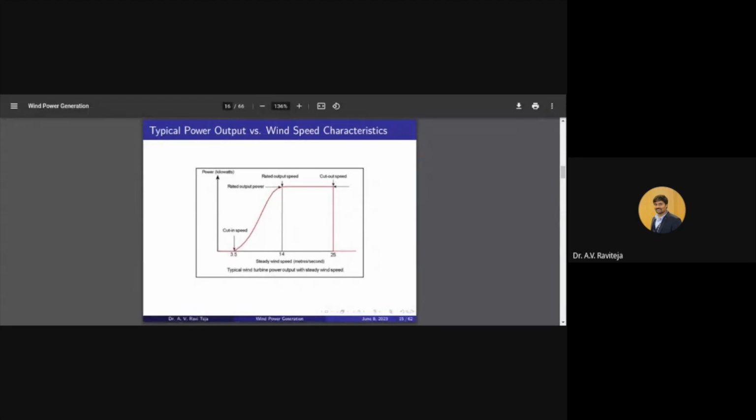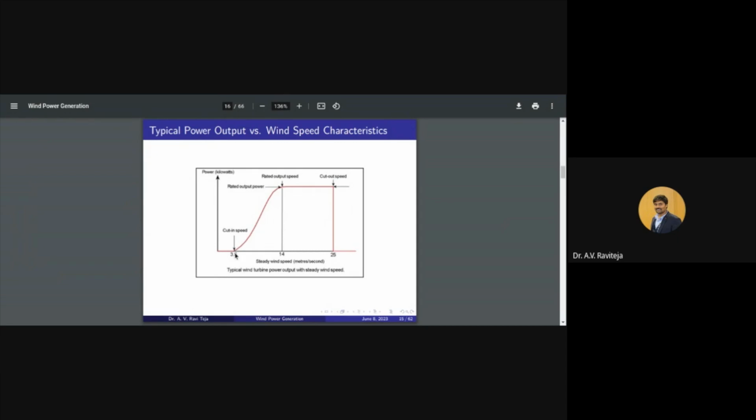Those are fixed. Similarly, other electrical or mechanical equipment will also have some fixed losses which have to be met whether or not you generate power. So if the power generated itself is less than those losses, then you will have no power generated. There is no point in operating the system if the wind speed is less than the cut-in wind speed. You will generate zero power.